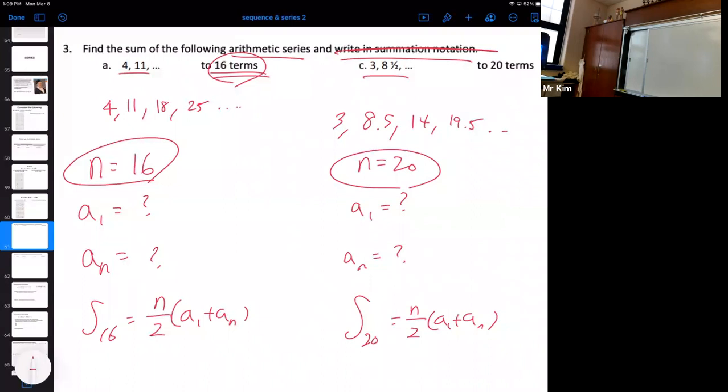How did you come up with that? Okay, so anyway, the explicit formula for the arithmetic is the very first term plus the common difference times n minus 1.